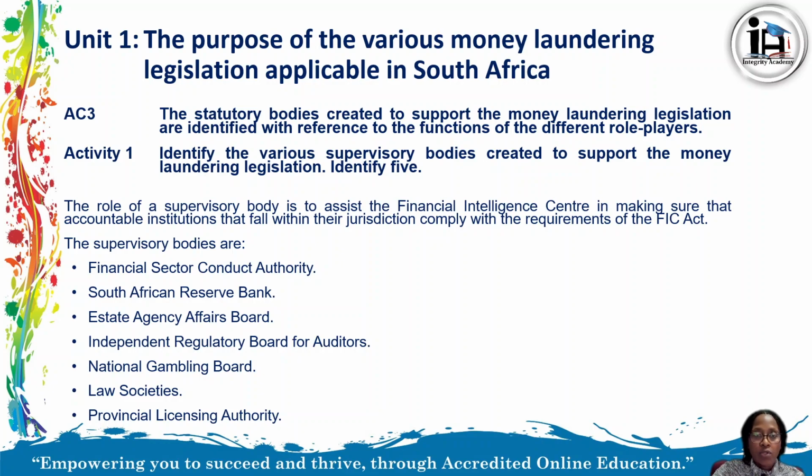The role of a supervisory body is to assist the Financial Intelligence Centre in making sure that accountable institutions that fall within their jurisdiction comply with the requirements of the FICA Act. The supervisory bodies are Financial Sector Conduct Authority, South African Reserve Bank, Estate Agency Affairs Board, Independent Regulatory Board for Auditors, National Gambling Board, Law Societies, Provincial Licensing Authority.